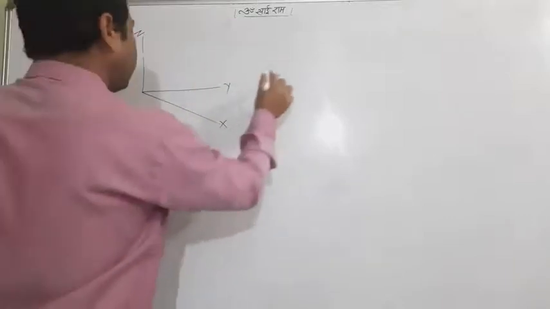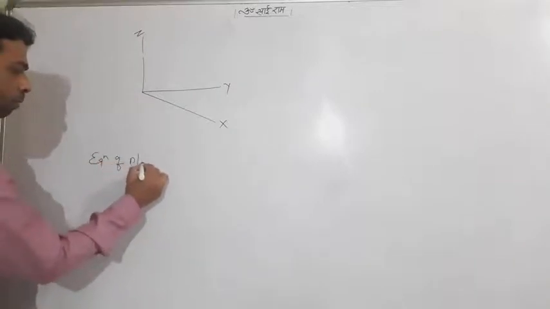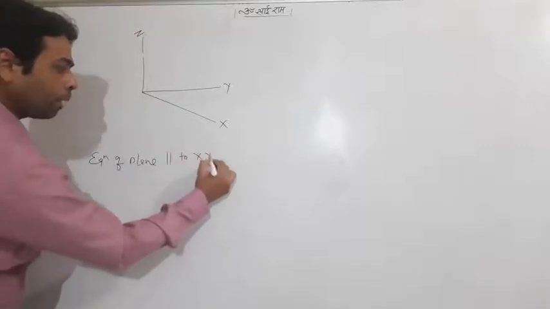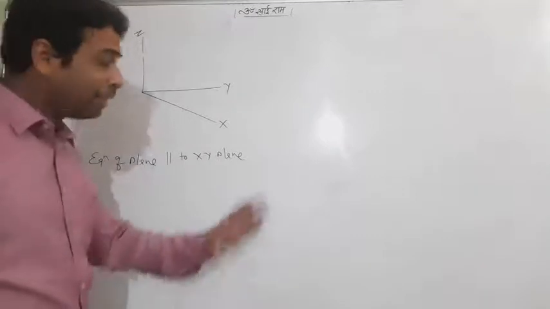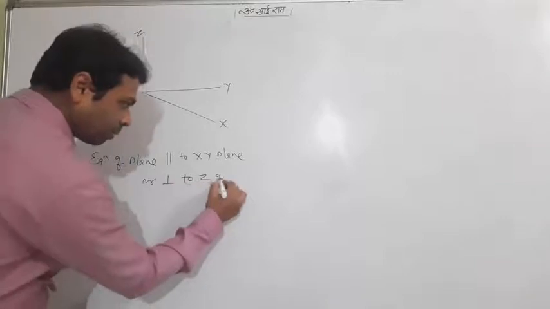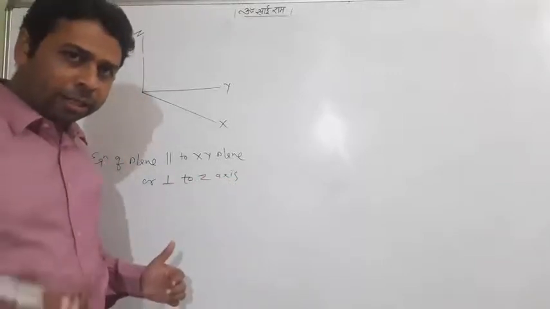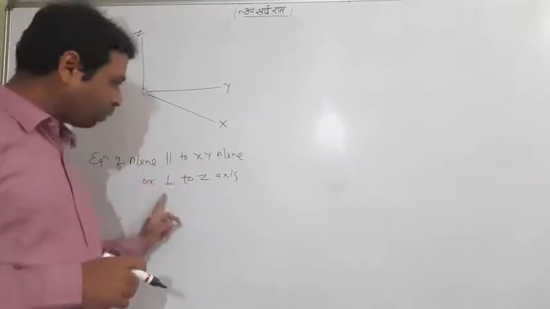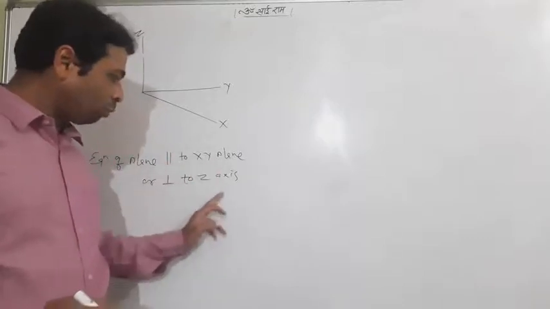The equation of a plane parallel to the xy plane looks very similar to what we read last time, or perpendicular to the z-axis. Can you make the difference between the last sentence and this one? In the last one, it was parallel to the z-axis and perpendicular to the xy plane. Now just reverse: parallel to the xy plane and perpendicular to the z-axis.